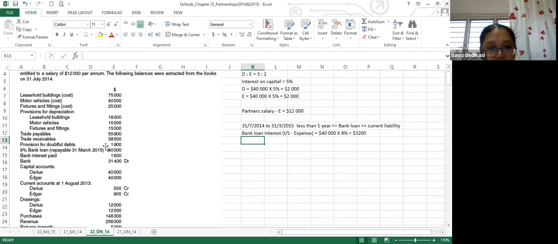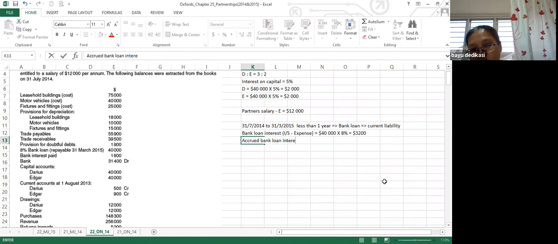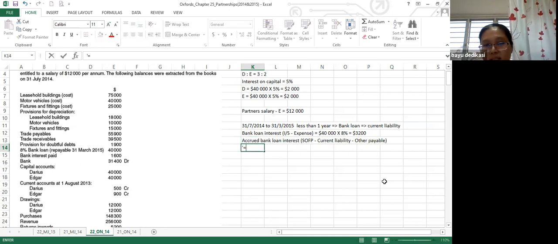But the amount that we paid is only 1,006. So you have an accrued bank loan interest. This amount you will recognize in the SOFP, current liability, under other payable, which is 3,200 minus 1,006. So this is the amount for the accrual.